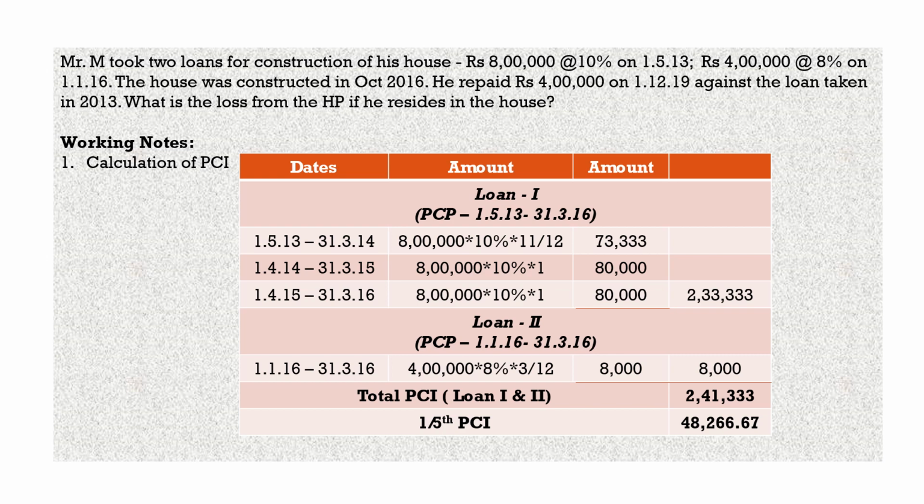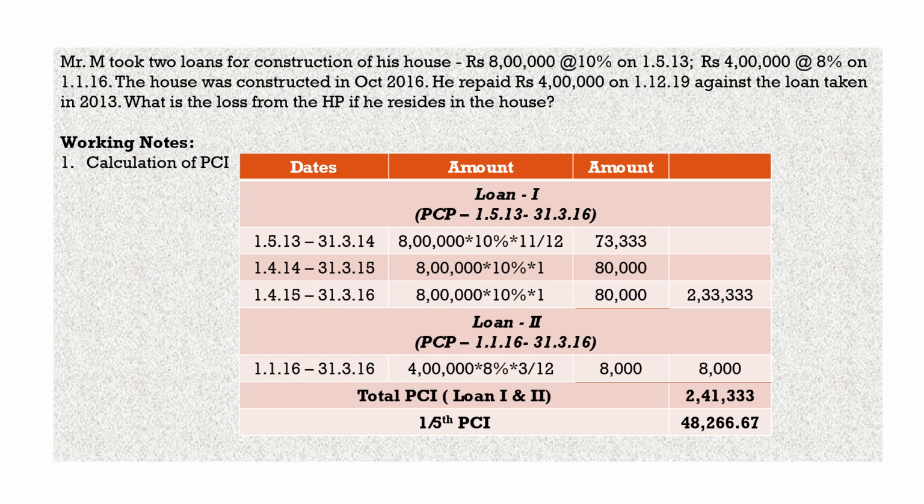Loan 1, the PCP will be date of loan, that is 1/5/13, to 31/3 immediately preceding the date of completion. Here the house is completed in October 2016 and so immediately preceding will be 31st March 2016. And the pre-construction interest will be on this PCP.